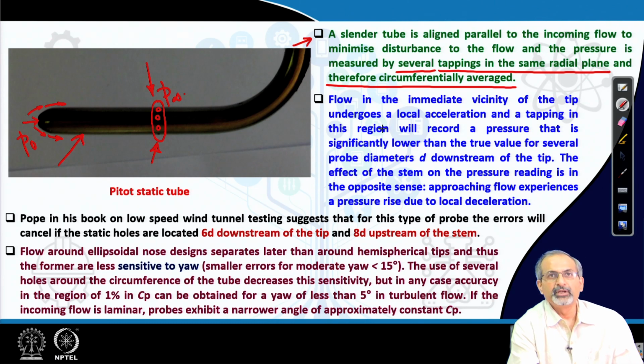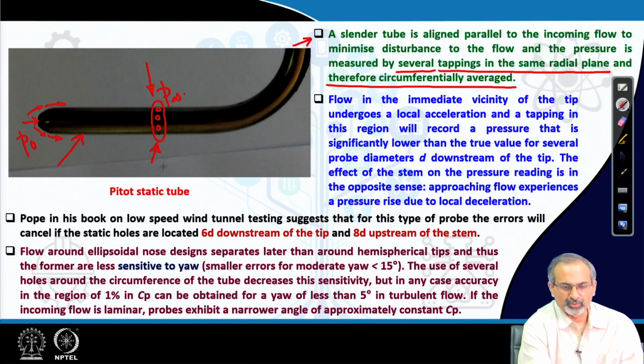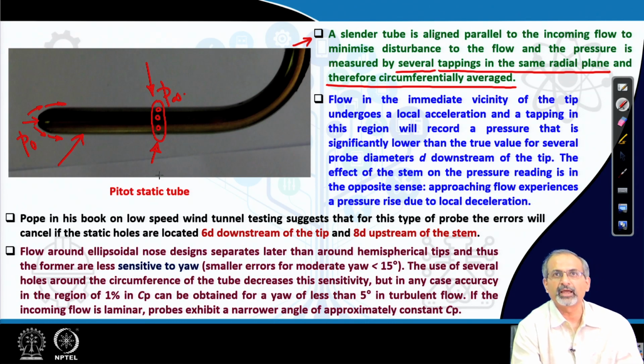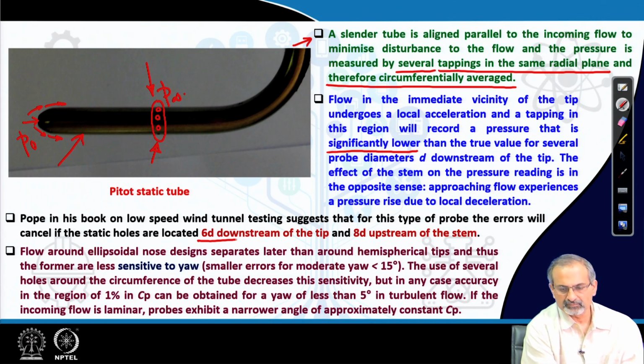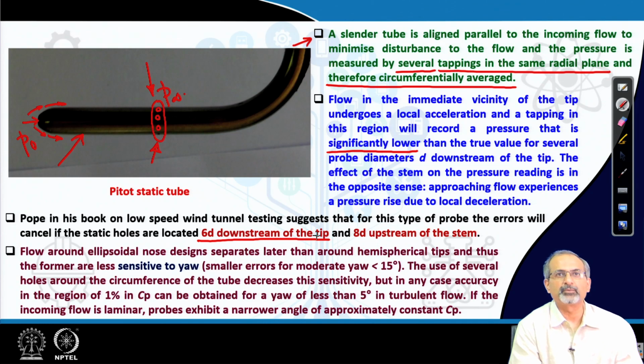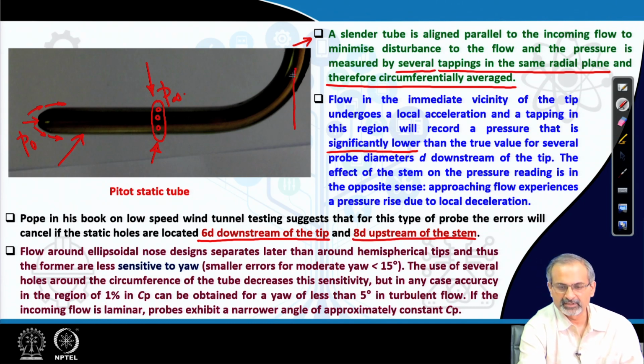Now, if we look at the static pressure ports very close to the tip, they will record a significantly lower pressure than the true value, and therefore, you have to locate them some distance downstream. Typically, they are located about 6 diameters downstream of the tip and also 8 diameters upstream of the stem.